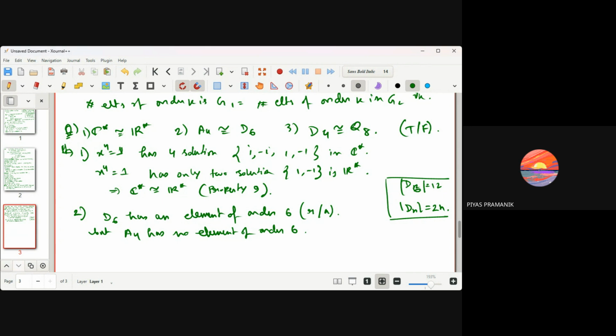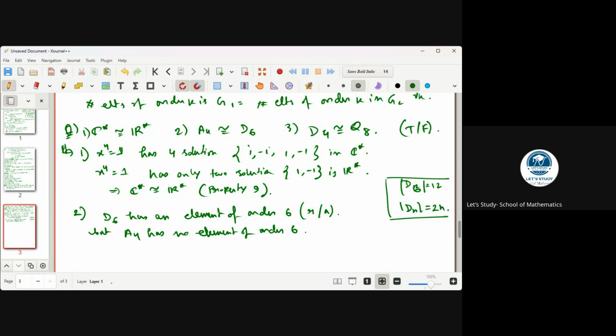The maximum order of an element in A4 is 3, right? S4 itself has maximum element order 4, right? Because in S4 it can be a 2-cycle, a 4-cycle, a 3-cycle, or the identity element. Otherwise, there are no other types of elements in S4. So S4 itself has maximum element order 4.